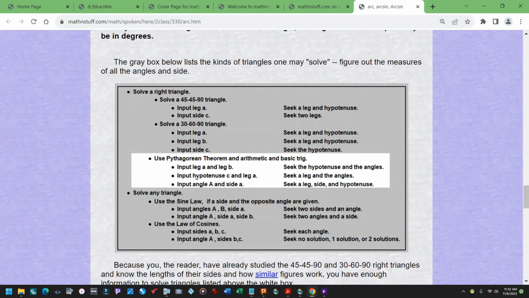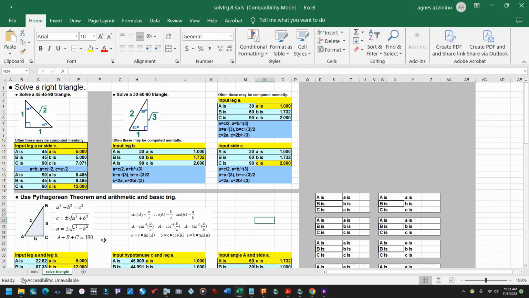Now you're looking at conditions where, given that you're with a right triangle, you're going to be able to do even more than you could before. Before, you could solve a right triangle: 45, 45, 90, and 30, 60, 90 were easy.